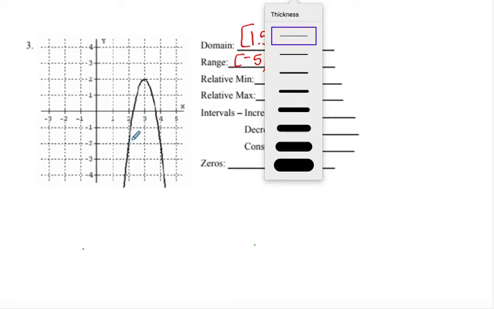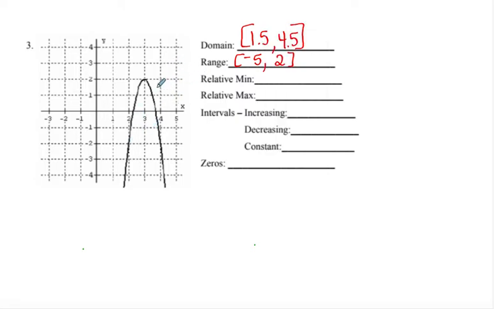Okay, all right. Relative minimum would be the lowest value that I could get. Actually, on this one, you could state that these are relative minimums because they are the lowest points on the graph and the graph ends. So relative minimum would occur at, now you got to take into consideration what you guessed up here, 1.5, -5.